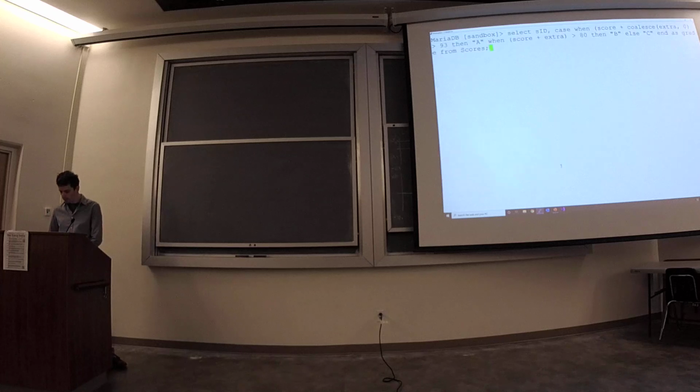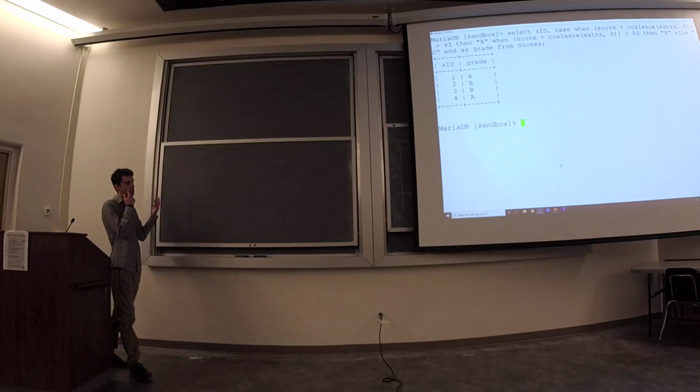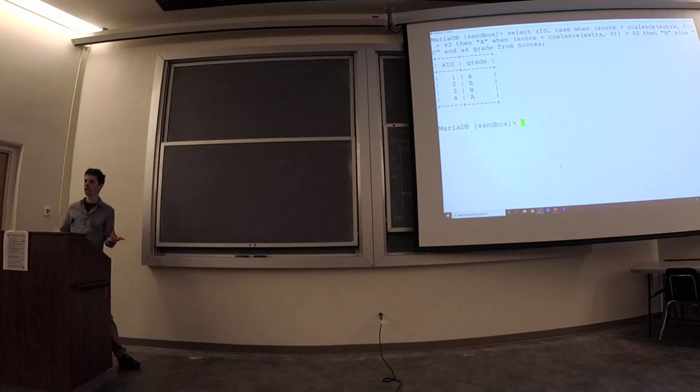Am I missing a parentheses? Yes, I am. And we'll just do it over here. So now nobody has a C, which is correct because everyone had at least an A, even the people that didn't do the extra credit.